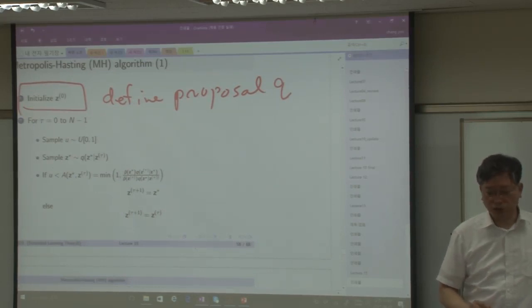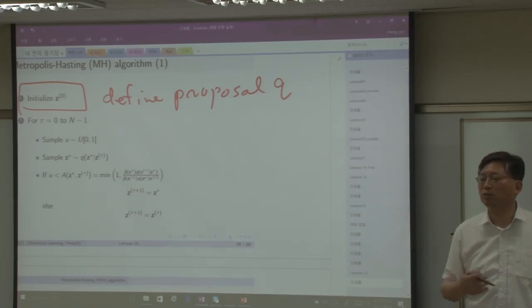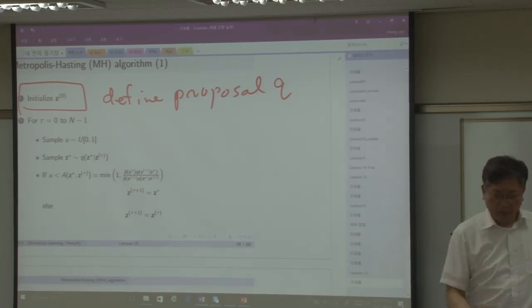What is a proposal distribution? It's some easy distribution that you can get samples from very, very easily. But this is not just a simple distribution. You want something that does this.